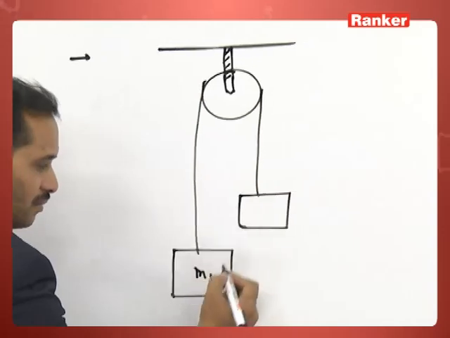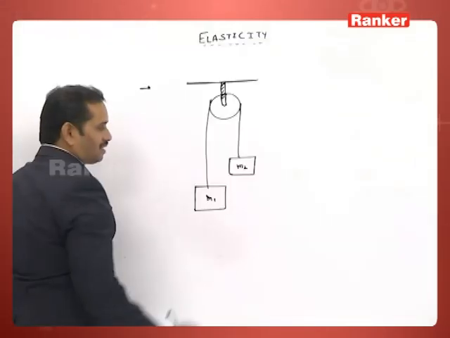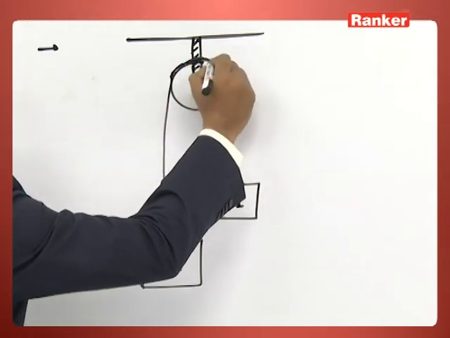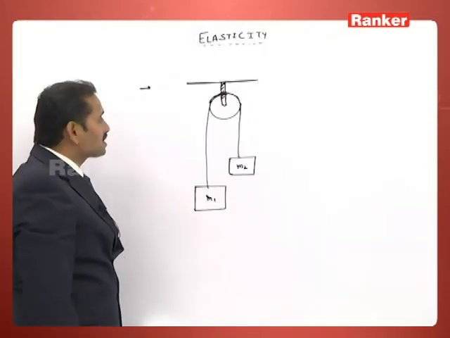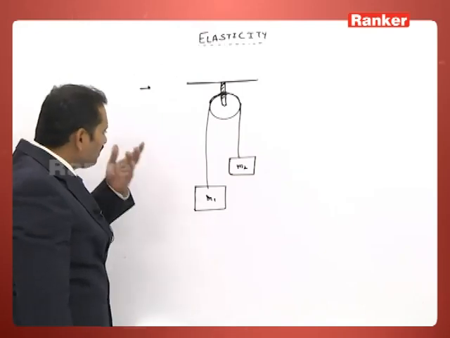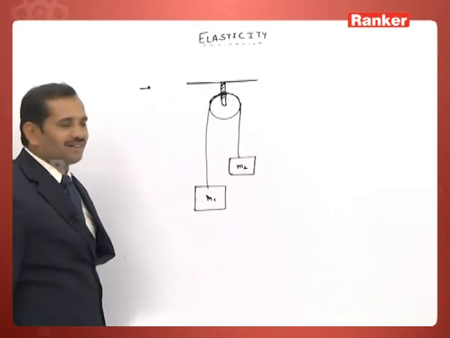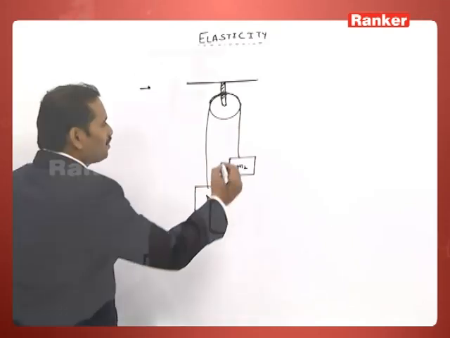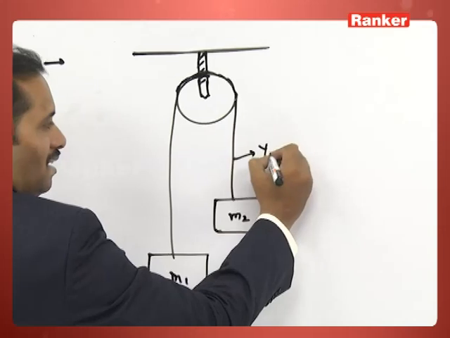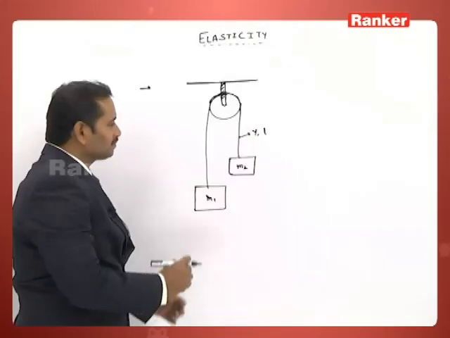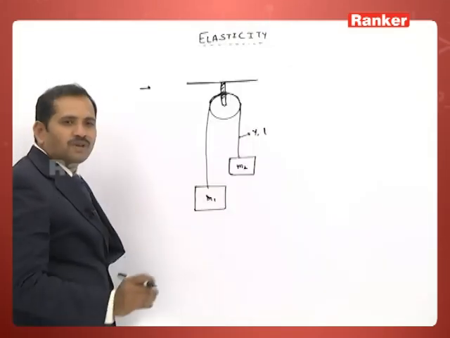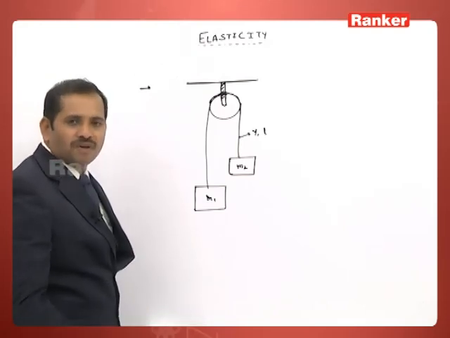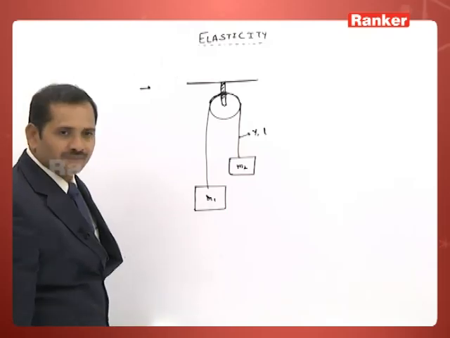M1 is one mass, M2 is another mass, hanging from a massless pulley like this, but the string is extensible, having Young's modulus Y, and the length of the string is L. They put a question to us: the stress developed in the wire or the extension produced in the wire. How to do this?